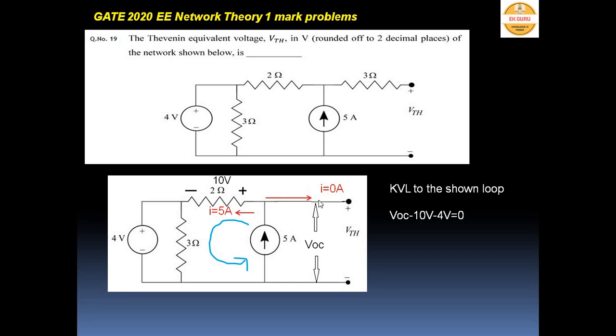Voltage fall we represent with a negative sign. Then VOC is equal to 14 volts, or VTH is 14 volts. So this is the first problem, the open circuit voltage. The key point is VTH is the open circuit voltage, so we can neglect this resistance. By applying simple KVL we can get the answer.